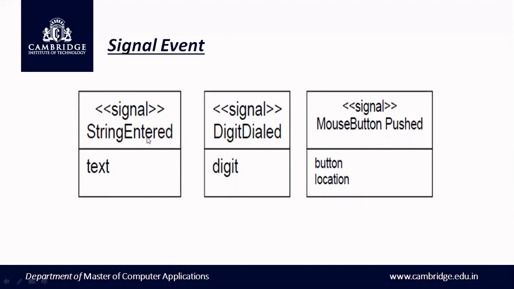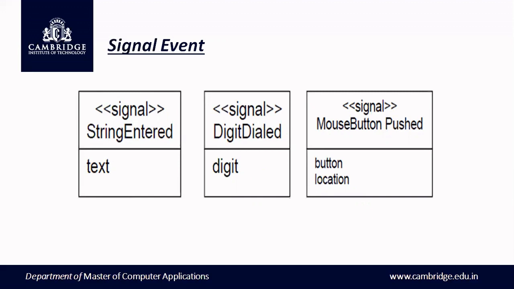And then we have the second division where we can specify the variables that we use in the signal event, right?